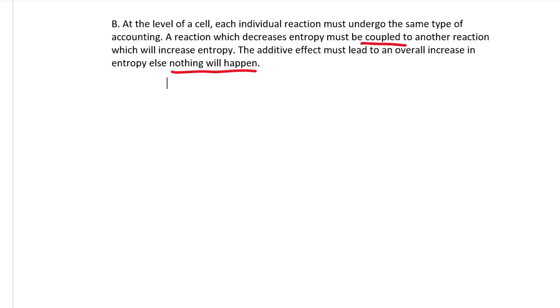So when you add them up, overall, you're increasing entropy. We had an example of this in the previous video, so I'm not going to go over it again, because we're going to get a little bit deeper and these things will be explained better as we move on.